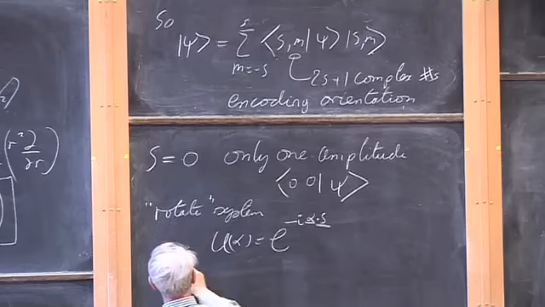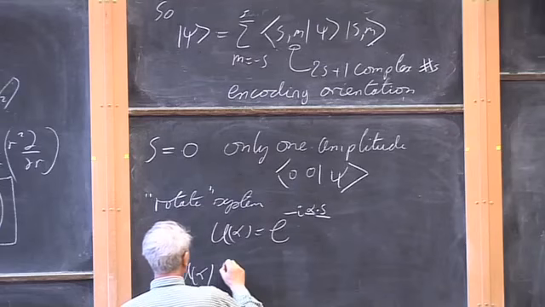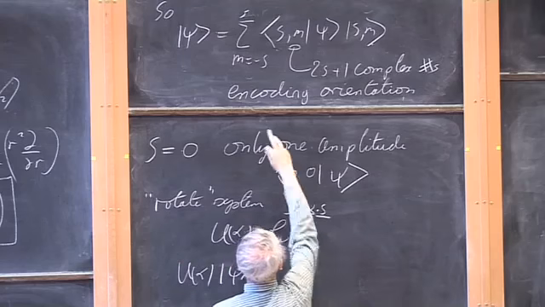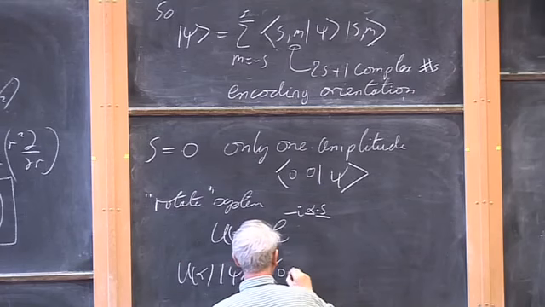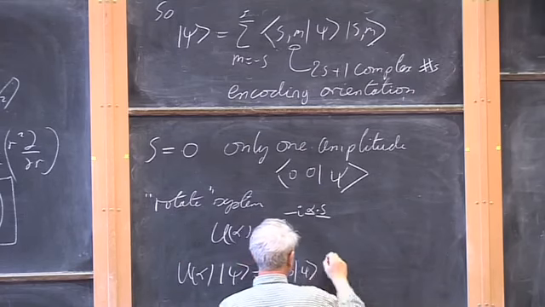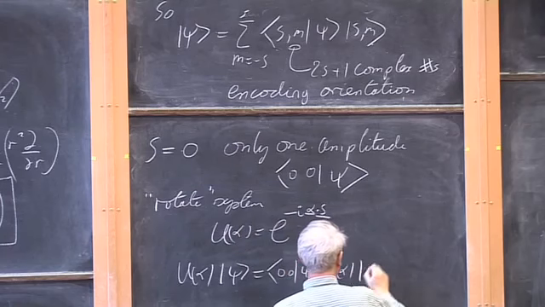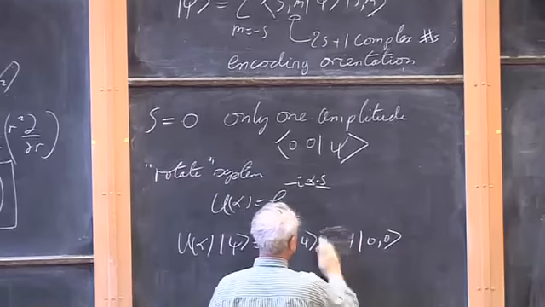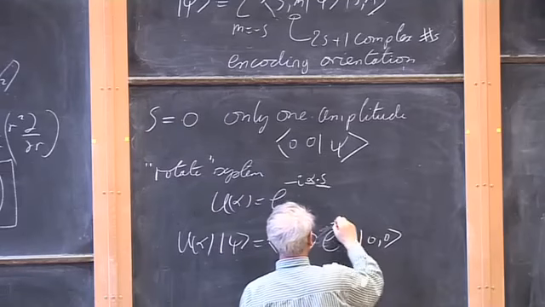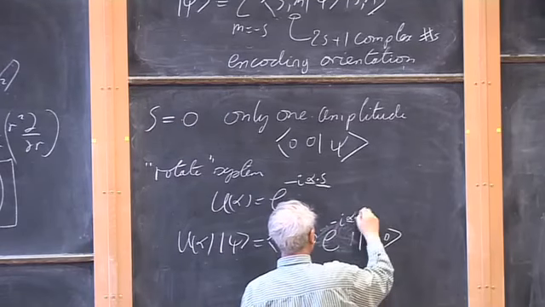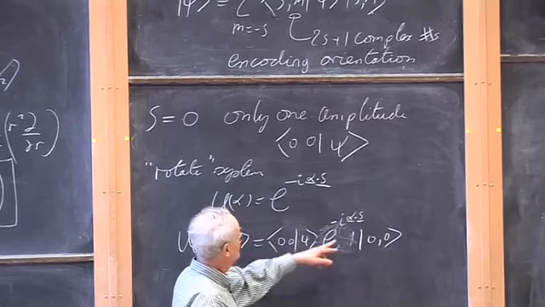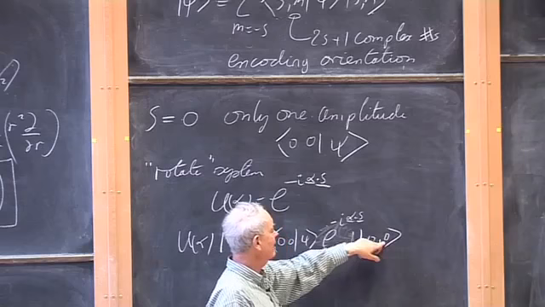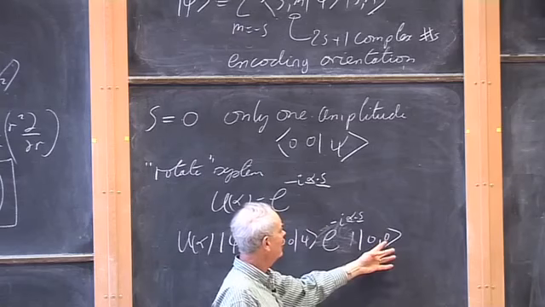Then if I use this u of alpha on a psi, what do I get? Using that expansion, I get the state 0 times u of alpha on the state 0. Let me replace this by e to the minus i alpha dot S. When this operator sees this ket, it thinks, nothing doing, 0.